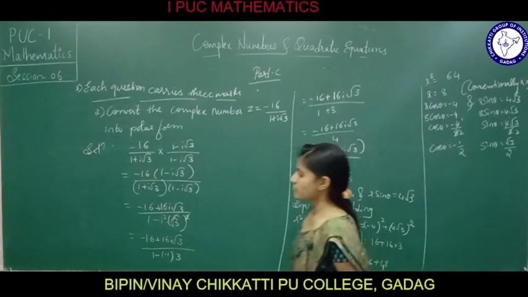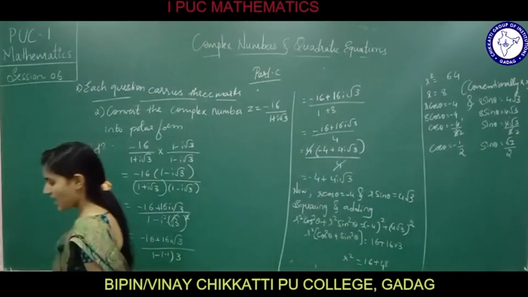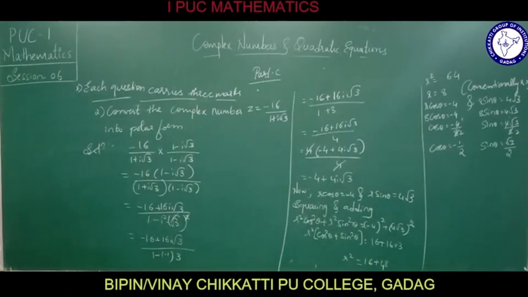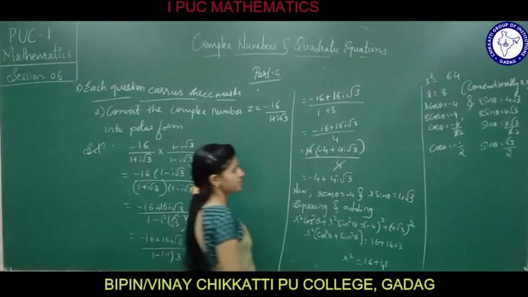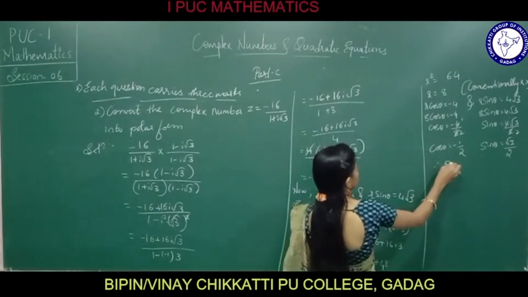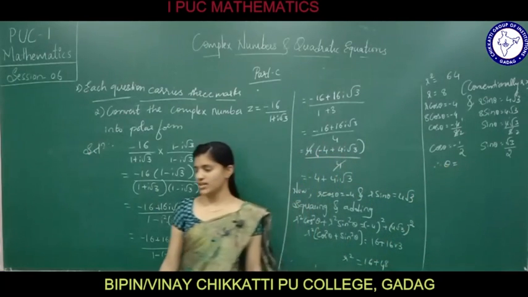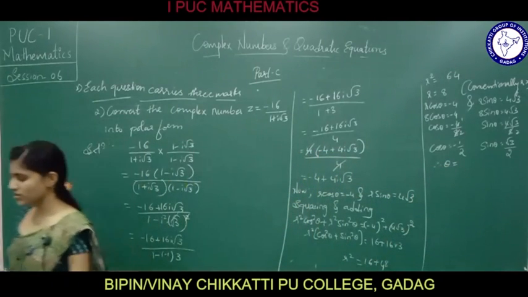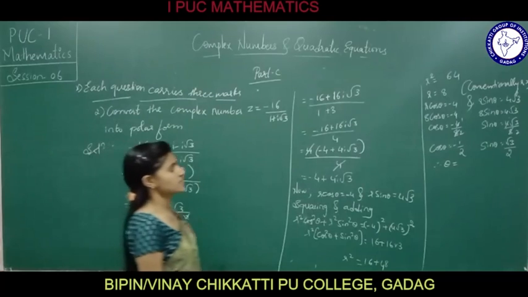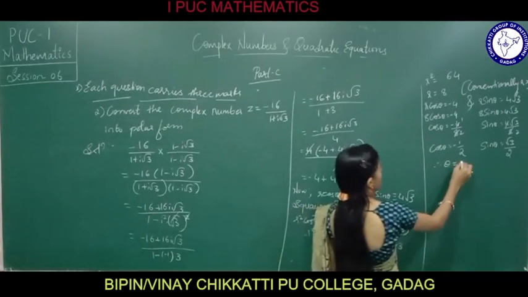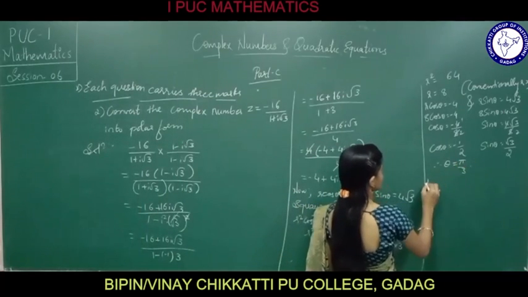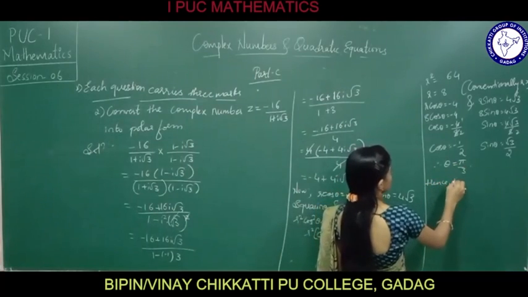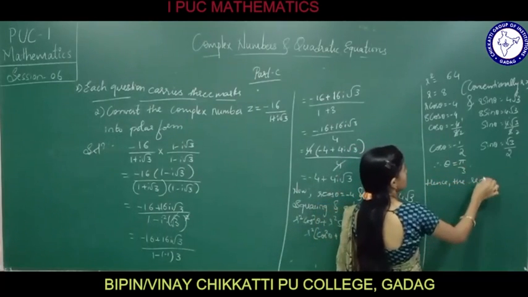See here, we got cos theta as minus 1 by 2 and sin theta as root 3 by 2. Therefore, what will be theta? Value of theta? Can you tell me what will be the value of theta? Solve by yourself. That is, theta will be equal to pi by 3. Hence, what will be the required polar form?